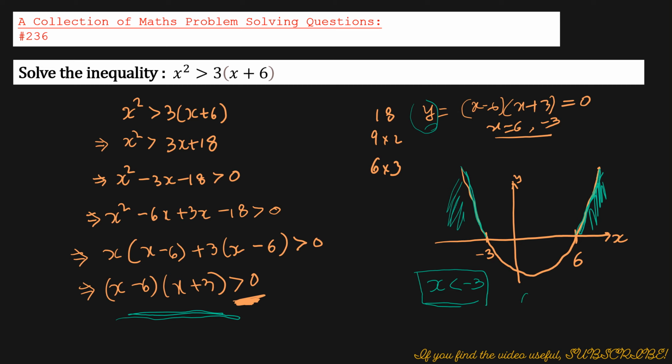And I should say or, not and, it's either this or x is greater than 6. So when x is greater than 6 or x is less than minus 3, that is the answer. x is less than minus 3 or x is greater than 6.